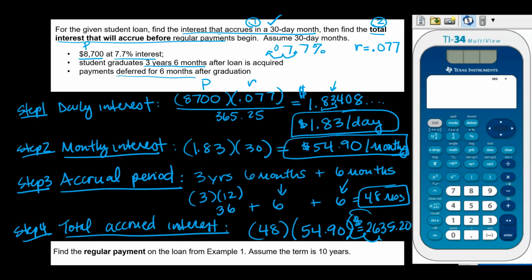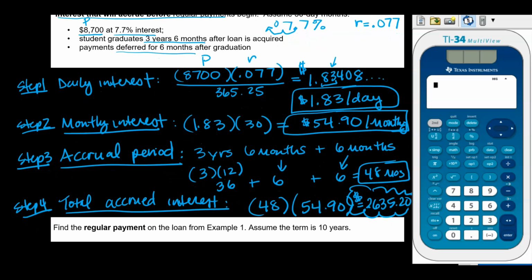That is the total amount of interest that accrues while they're in school. This would be capitalized interest since we're adding this up. Now, if the student decided to go the uncapitalized route, then they would be making payments on this while they were in school, and this number wouldn't need to be added to their principal when payments are calculated.